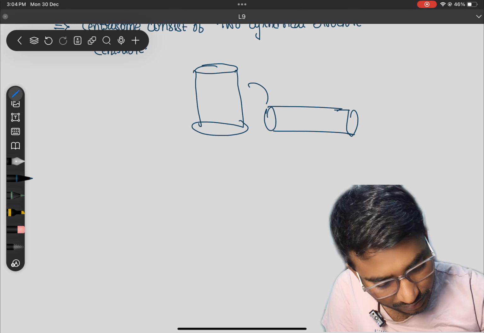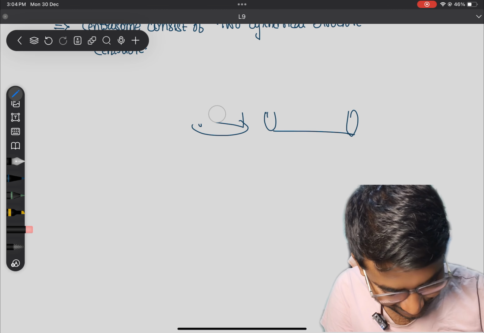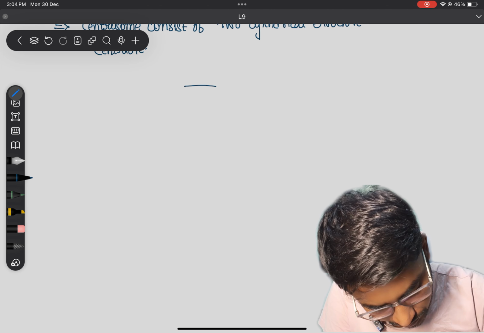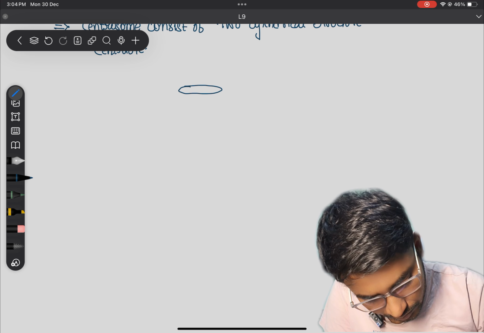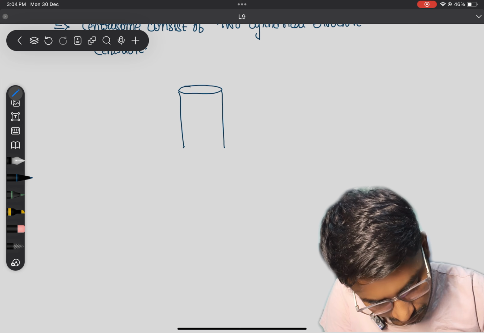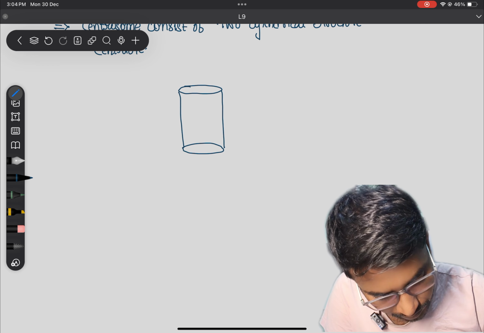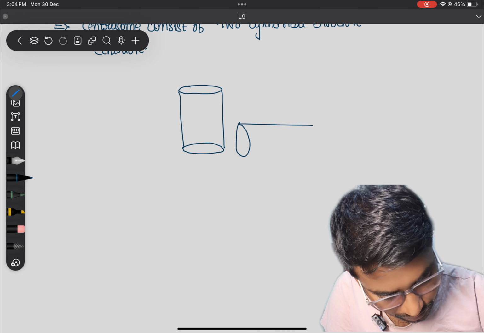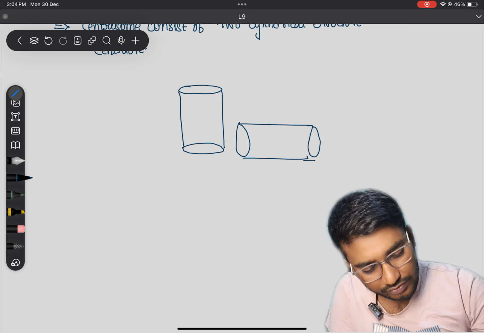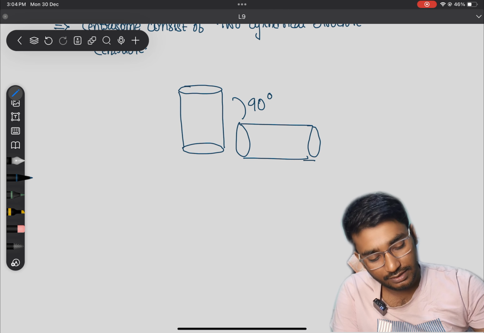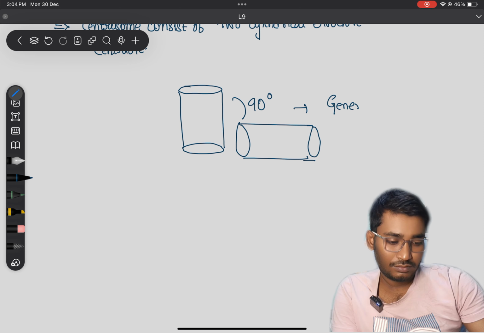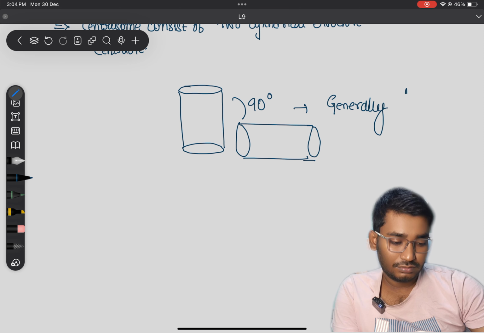Let me draw it in a good manner. The angle between these is generally 90 degrees, generally perpendicular.